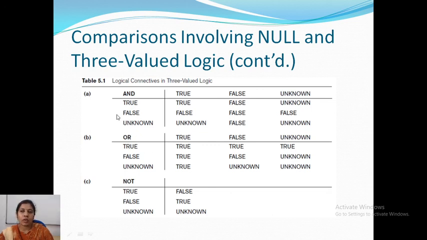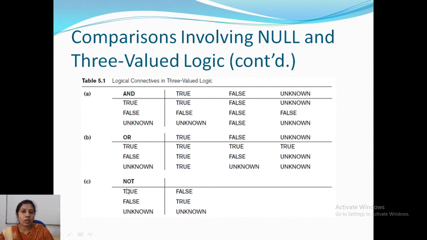And if I take false and unknown, then we get false. Similarly for the OR operation, if we have the values true and unknown, then we get true. If it is false and unknown, then the result will be unknown. And if both operands are unknown, you get unknown as the result.